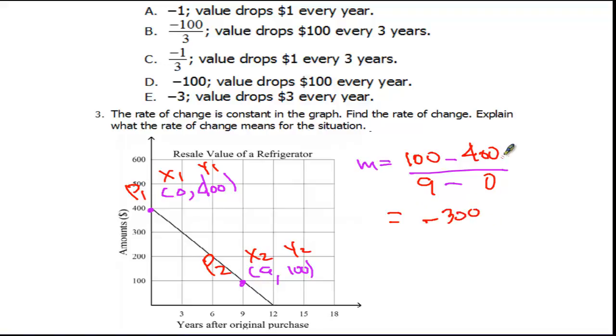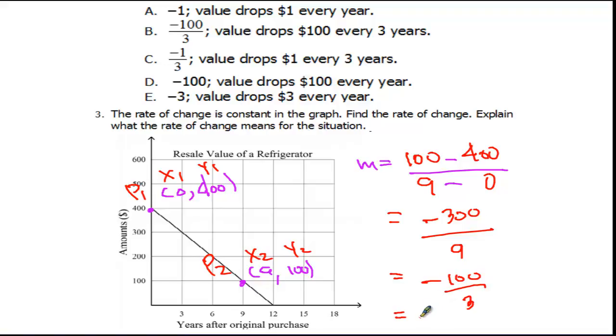Now remember that our numerator represents the amount of dollars and our x value is the years. So over 9 minus 0 is equal to 9. Now if we simplify negative 300 over 9, we will come up with negative 100 over 3.